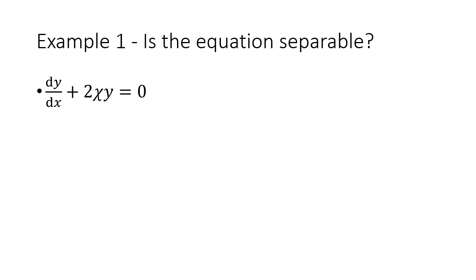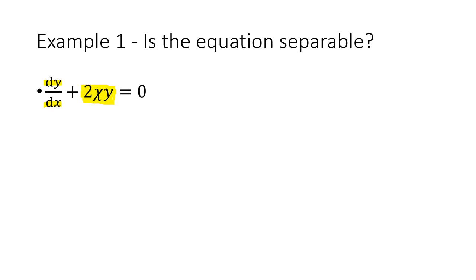We have this equation, which is the derivative of y with respect of x plus 2xy, and all of that is equal to 0. We need to clear the derivative of y with respect of x in order to get this expression in the right form.